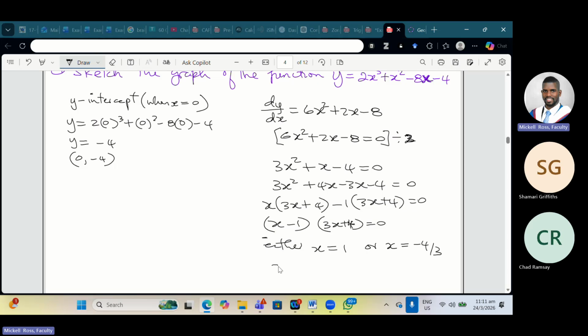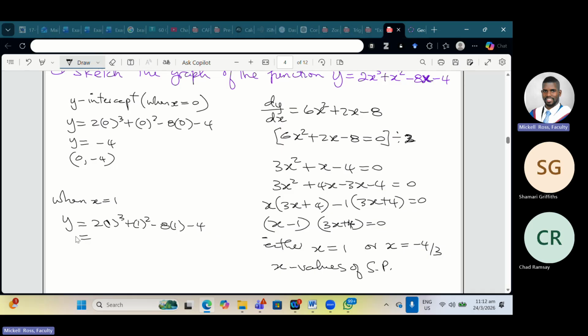So these are the x values of the stationary points. Now we need to find the y values. So when x is equal to 1, y is going to be equal to 2 times 1 cubed plus 1 squared minus 8 times 1 minus 4.